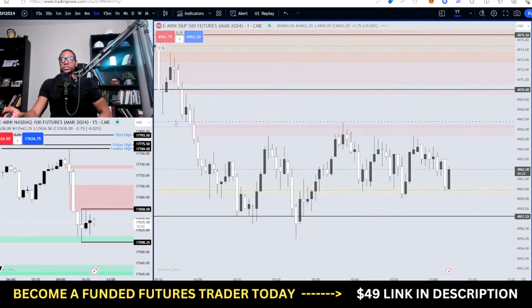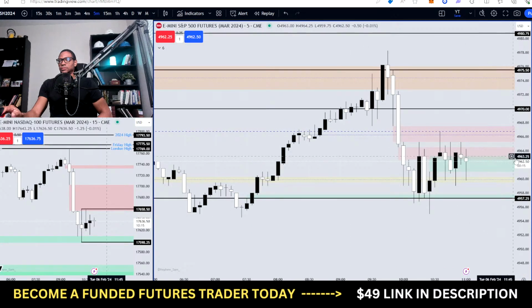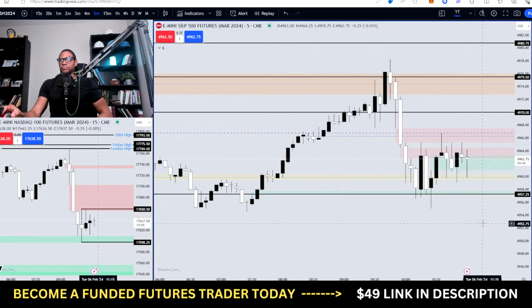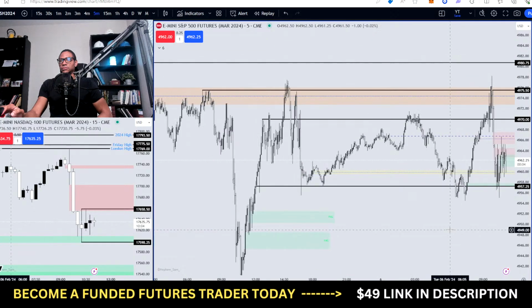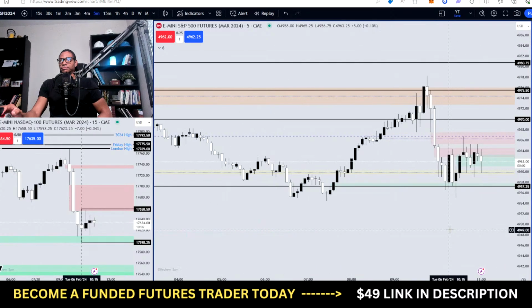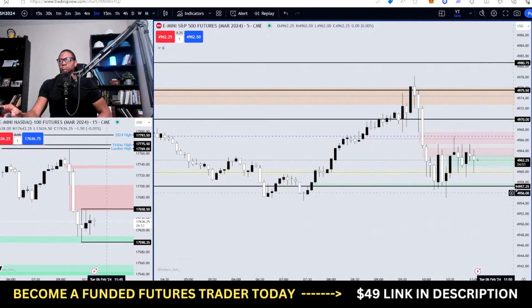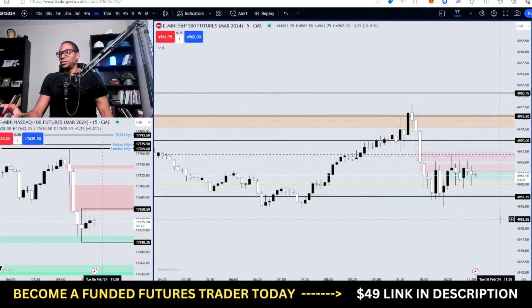Let's move up a time frame and see if there's anything different to see here, a different perspective. No, just consolidation, a bunch of chop. Coming out of a bullish push, bearish retracement, and then yeah, nothing looks enticing here, even on the S&P.